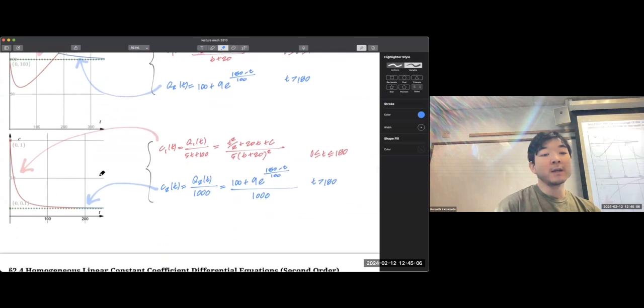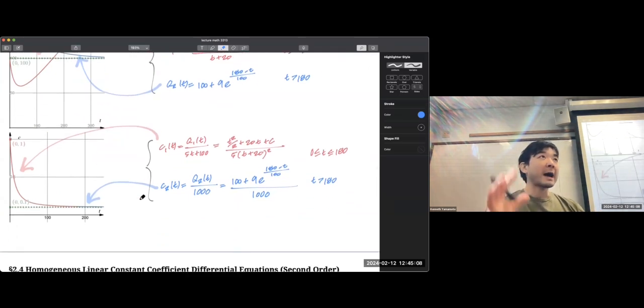So what's going on here is that you have a tank that's full of salt at a concentration of 1 gram per meter cubed, which is 10 times more concentrated than the 0.1 grams per meter cubed of the inflow water.